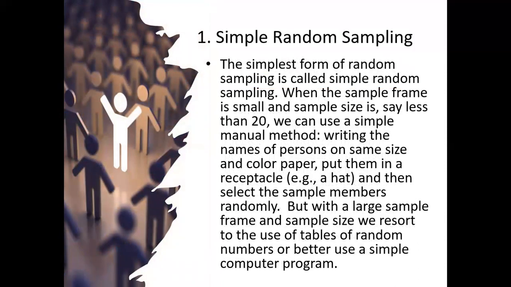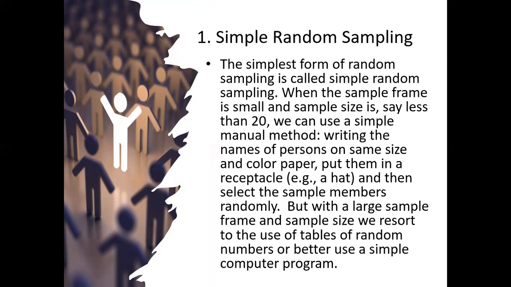First of all, simple random sampling. It is the simplest form of random sampling and is called simple random sampling. When the sample frame is small and the sample size is, say, less than 20, we can use a simple manual method: writing the names of the persons on same size and color paper, putting them in a receptacle, for example a hat, and then selecting the sample members randomly.